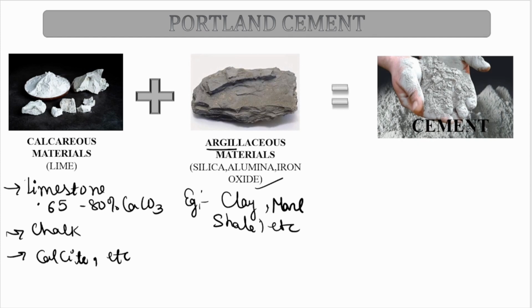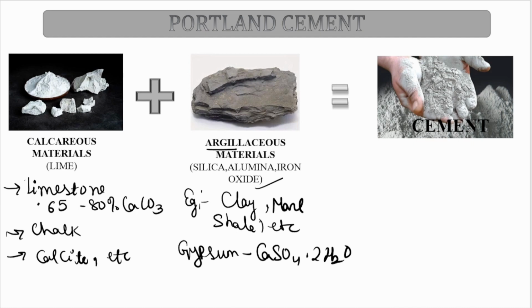In addition to these main raw materials, we also add gypsum, whose chemical formula is CaSO4.2H2O, and powdered materials.